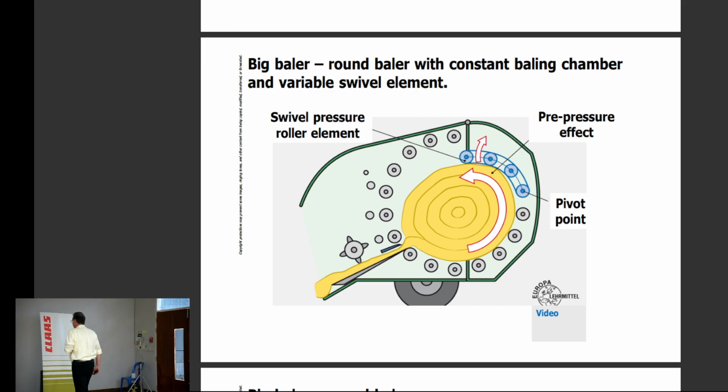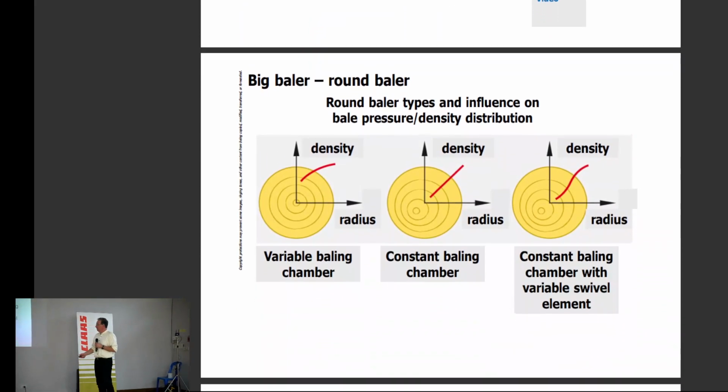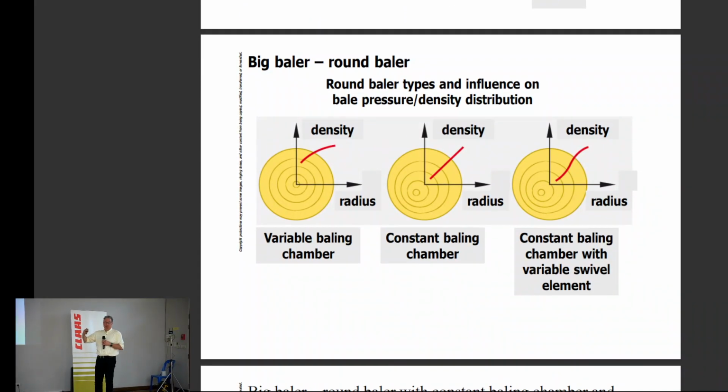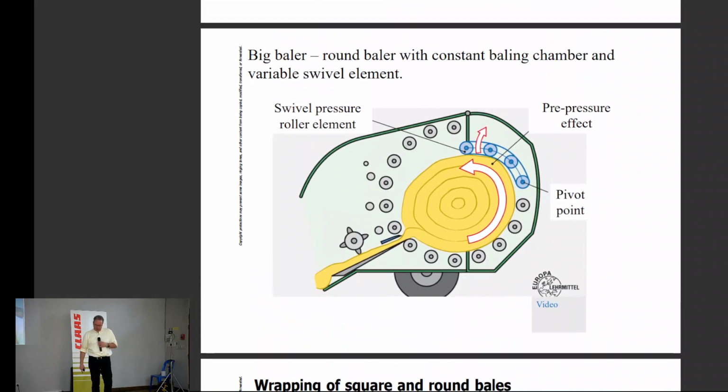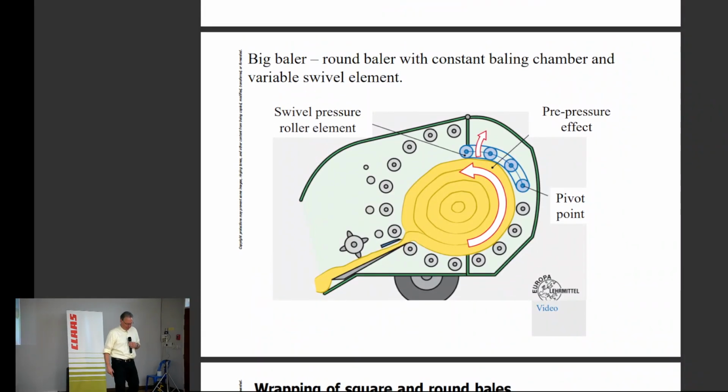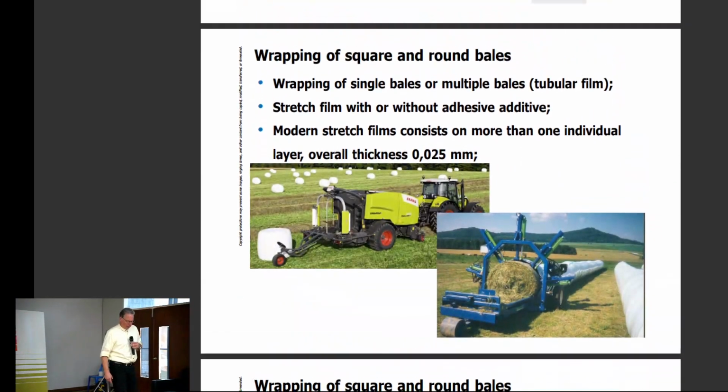So, and then of course, like I said, the density is different. So the best distribution of density, to make the story short, you will get with a variable baler chamber.